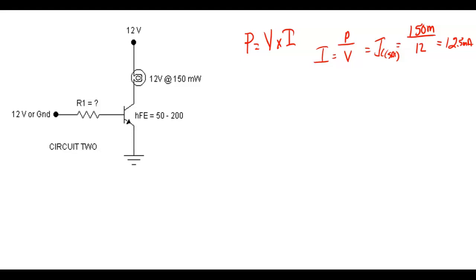Okay, so now we've got IC is equal to 12.5 milli, and I'm going to turn this on with 12 volts. So I know this guy here is going to drop 11.3 volts. So the amount of base current that's going to be required to saturate this thing is going to be equal to 12.5 milli divided by 50.